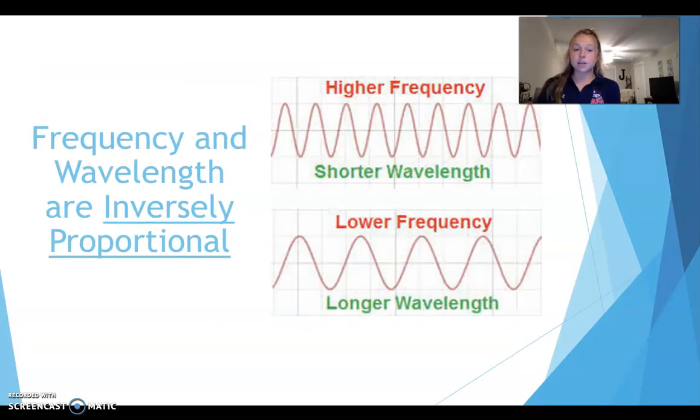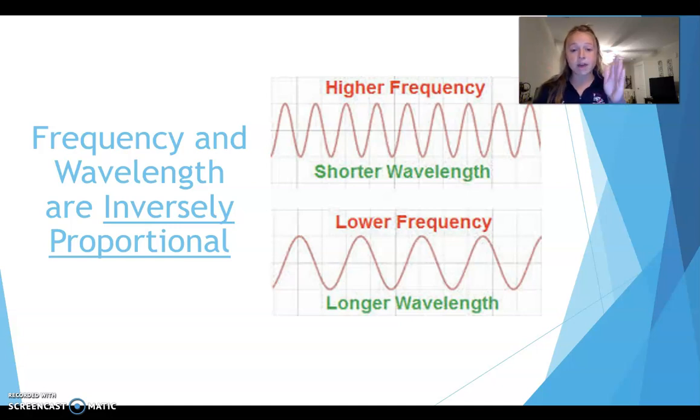So frequency and wavelength are inversely proportional. So if you have a high frequency, you're going to have a shorter wavelength. And you can see that in that picture. That has a high frequency because there's lots of crests in that little area, and then their wavelengths are going to be very short because they are going up and down very quickly. So you're not going to have a long period in between crest to crest.